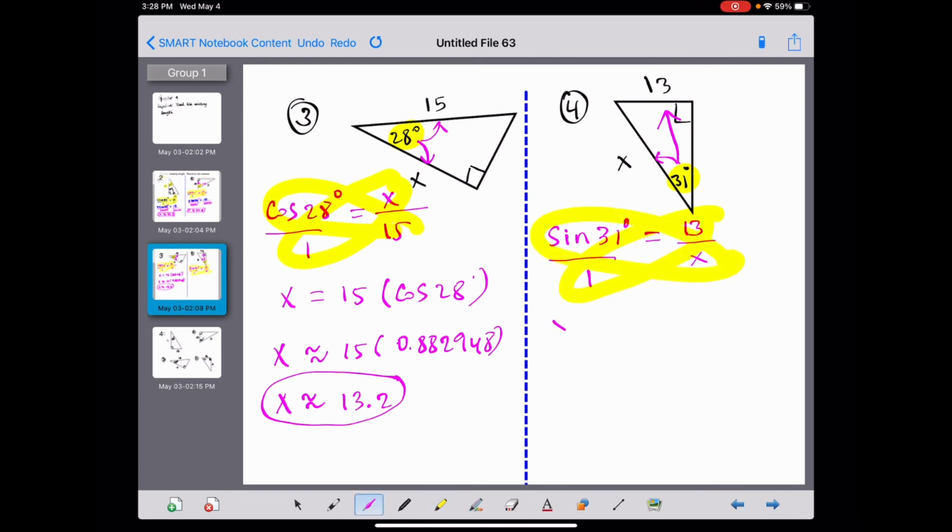So it's going to be x sine 31 degrees equals 13. Then to get x by itself, we're going to divide both sides by sine 31 degrees. So x is approximately 25.2. Okay.